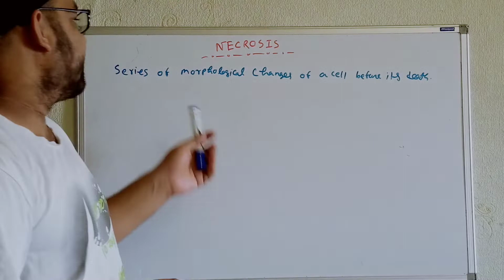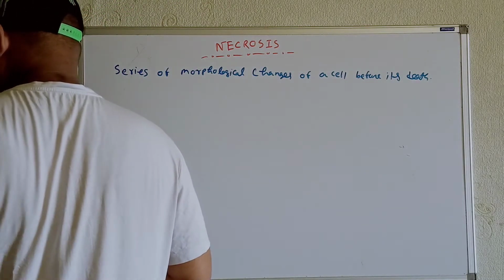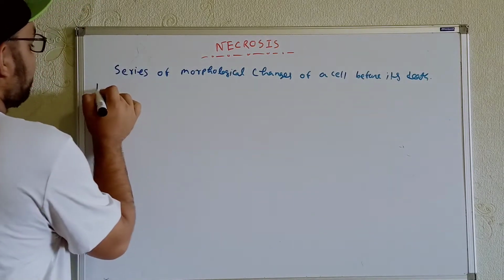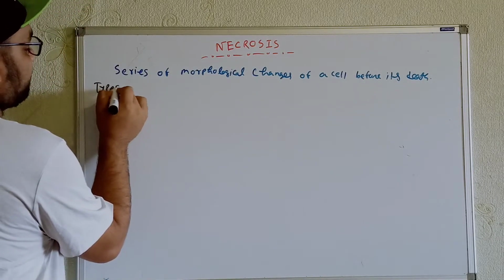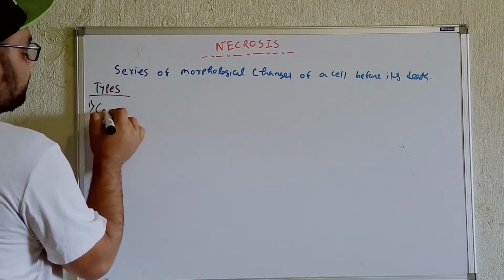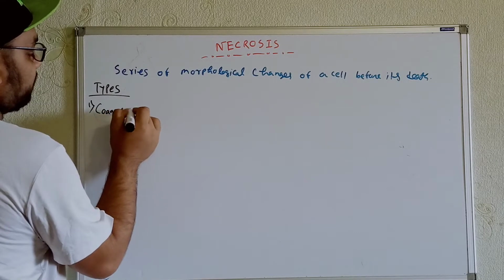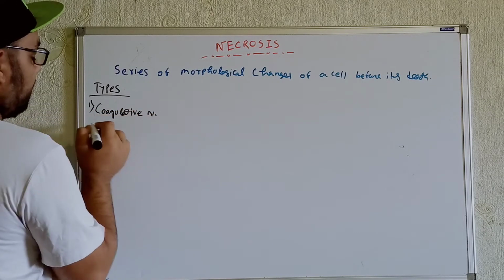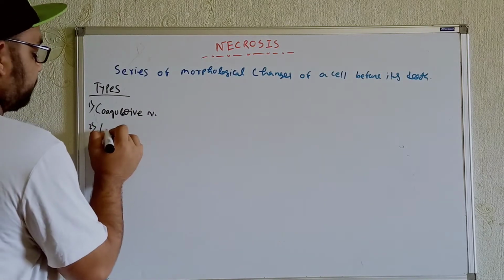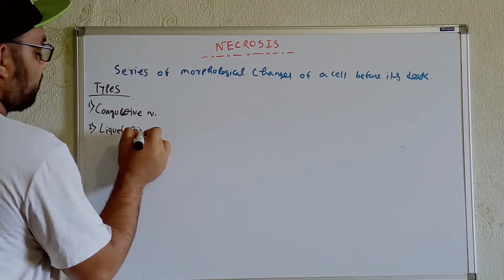Now we can classify necrosis in different ways. Let's classify the types of necrosis. The first is coagulative necrosis. Then we get liquefactive necrosis.